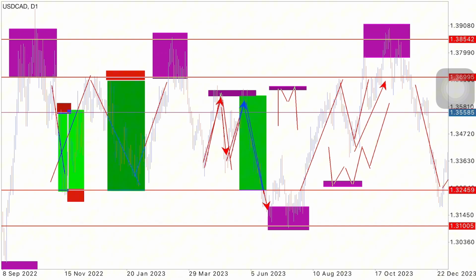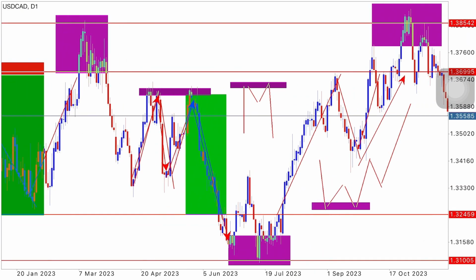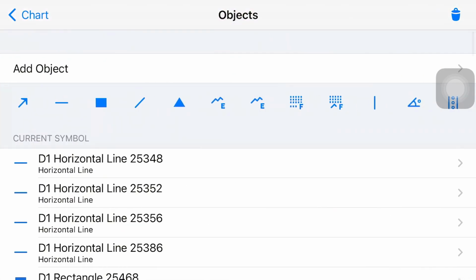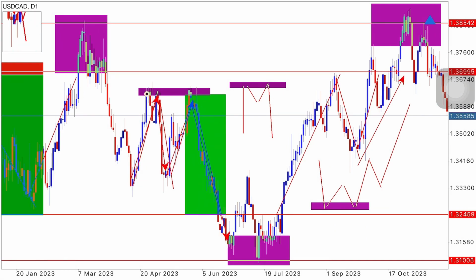And another thing which I see here, I see a bit of a beautiful inverse head and shoulders, which ranged in this form like this.